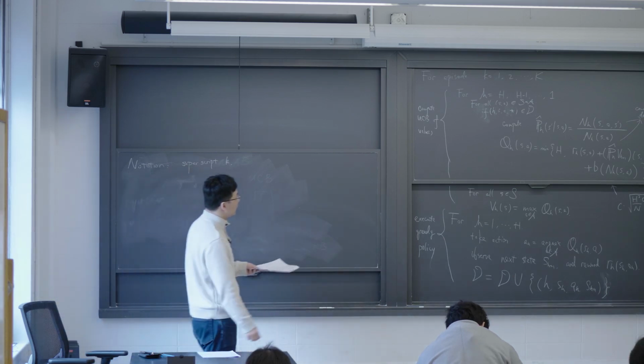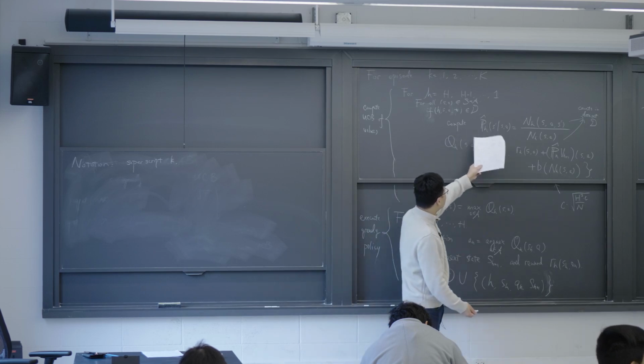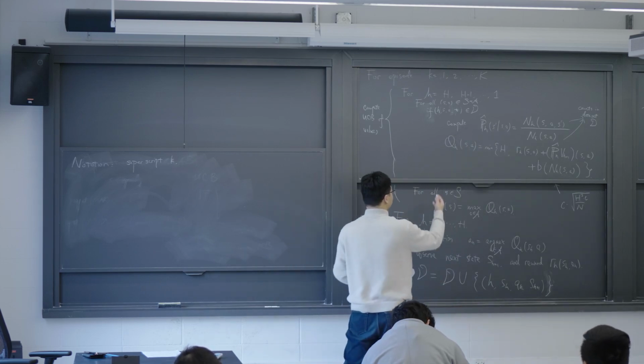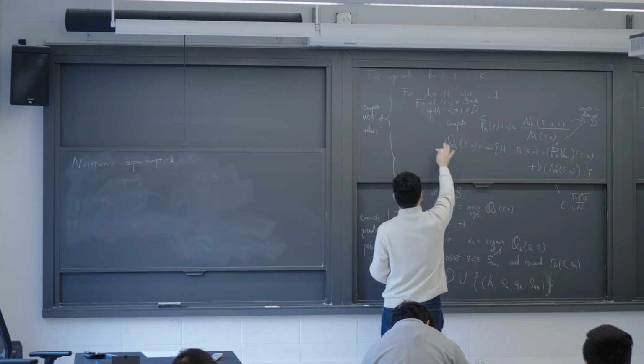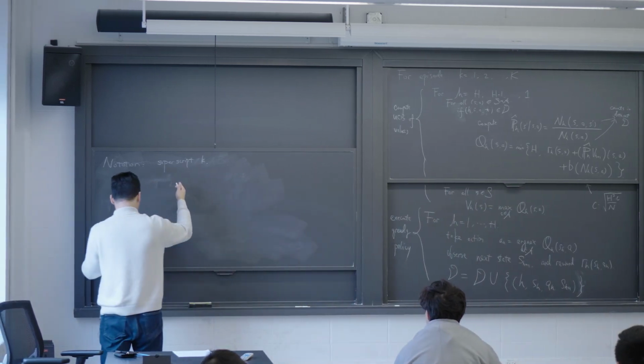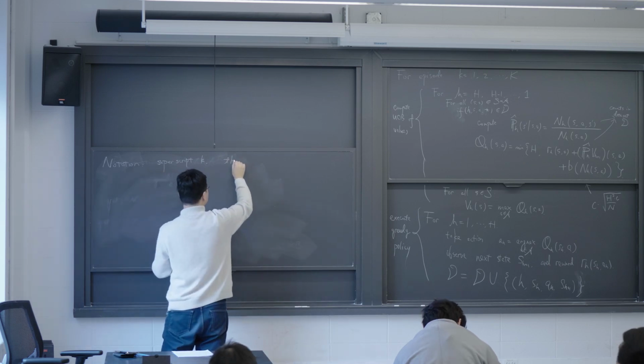The reason is that here we repeatedly update the Q value based on the new data, and it's a little bit confusing if we just say some Q value, because at each different episode the Q value is actually different. So we're adding a superscript k to denote the quantity computed at episode k.